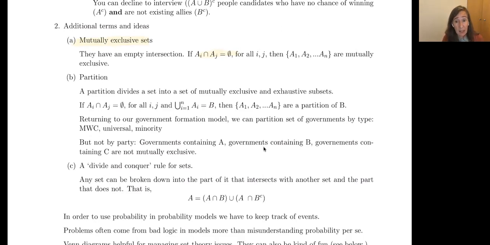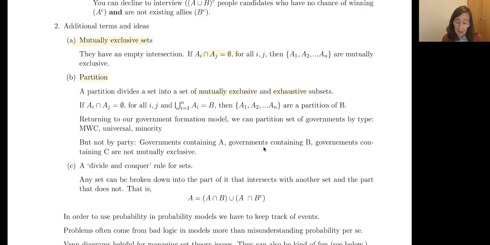Building on the idea of mutual exclusivity is the idea of a partition. Okay, so for a partition, we're taking some set and dividing it into mutually exclusive and exhaustive subsets. So we're going to put each element in the set in exactly one of the partitioning sets.